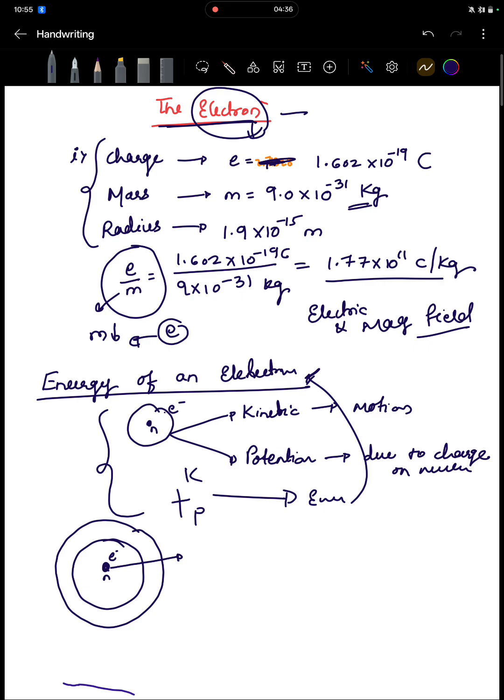That means the electron in the second orbit possesses more energy than the electron in the first orbit. The third orbit has higher energy than the second orbit, and so on. It is clear that the electron in the last orbit always possesses high energy compared to all the electrons in the inner orbits.